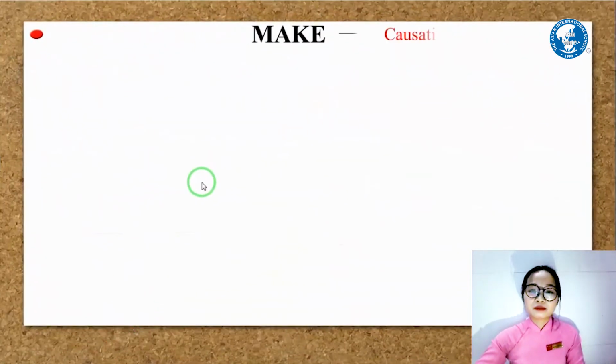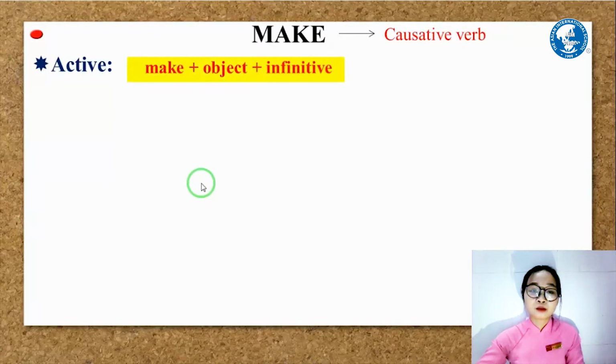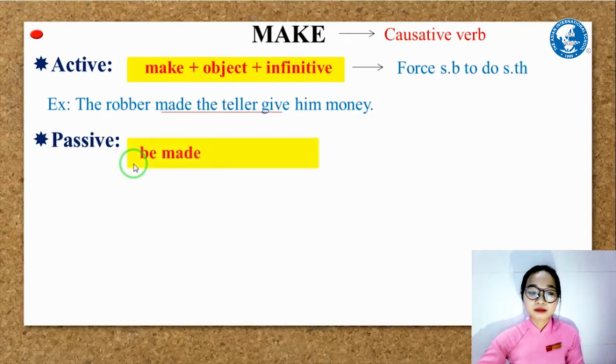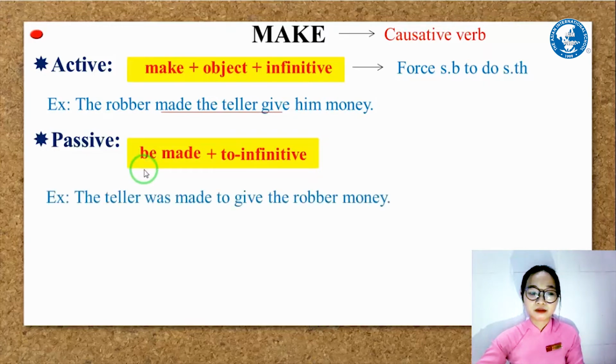Another causative verb is make. In active voice, make goes with object and infinitive. It means force somebody to do something. For example, the robber made the teller give him money. It means the robber forced the teller to give him money. However, in passive voice, be made goes with to infinitive. For example, the teller was made to give the robber money.